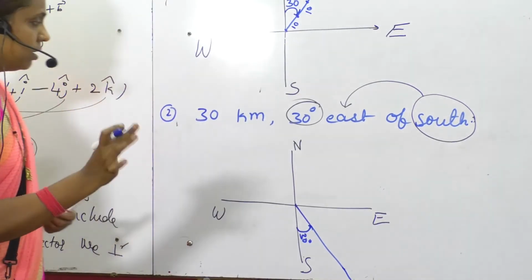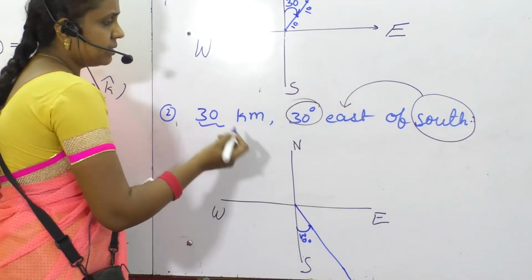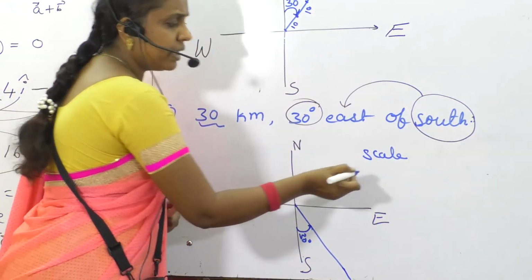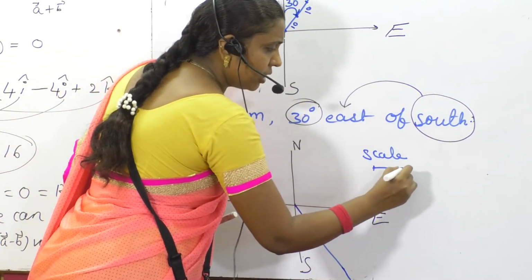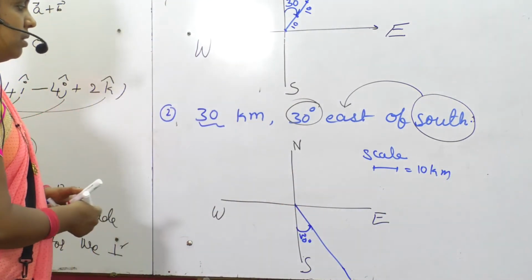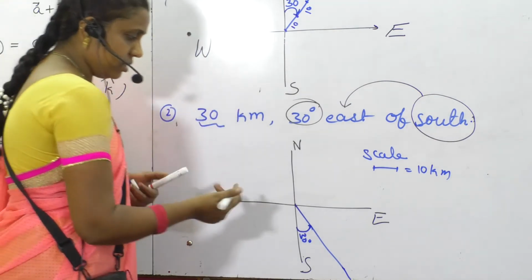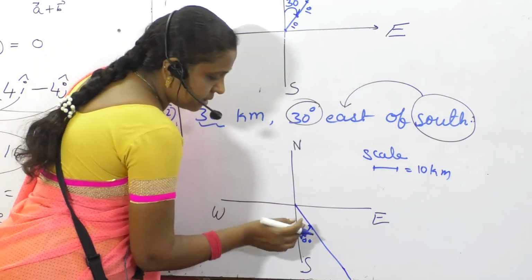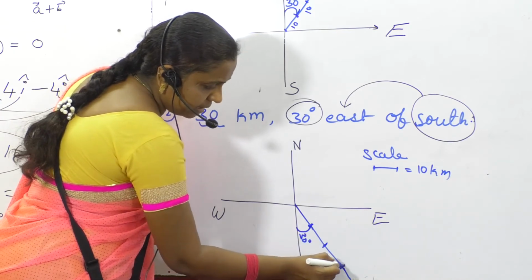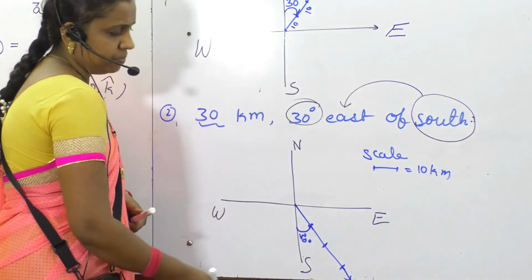Is this clear? Next, 30 kilometers. Again you have to put a scale. Graph means scale is required. The distance is equal to 10 kilometers. Okay, you can take 5 kilometers or 6 kilometers; it is your choice. So the distance, 1, 2 and 3, put the arrow.